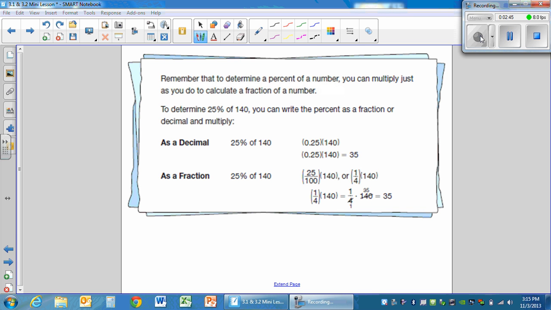Remember that to determine a percent of a number, you can multiply just as you do to calculate a fraction of a number. To determine 25% of 140, you can write the percent as a fraction or decimal and then multiply. If you're going to write a percent as a decimal, remember to move your decimal place left twice.